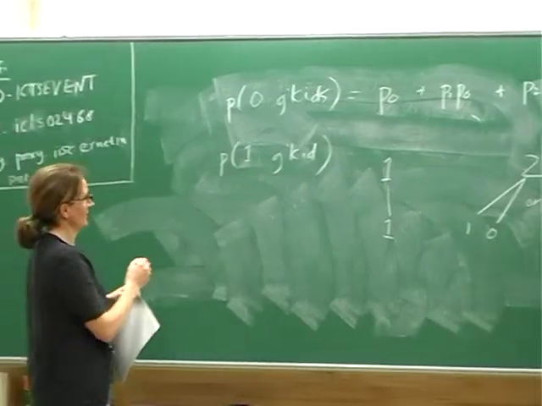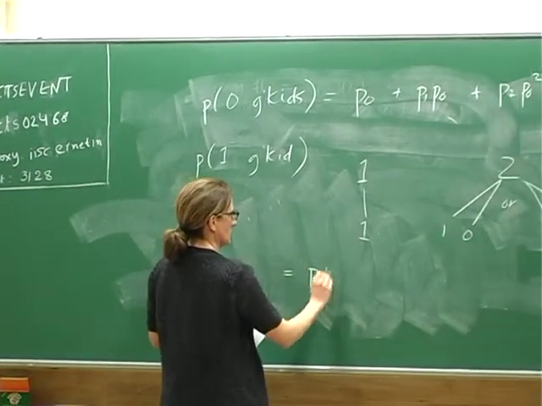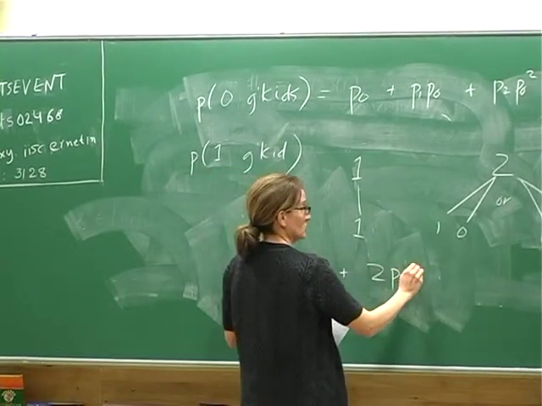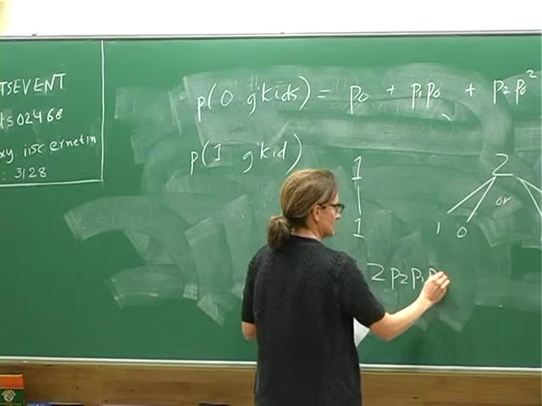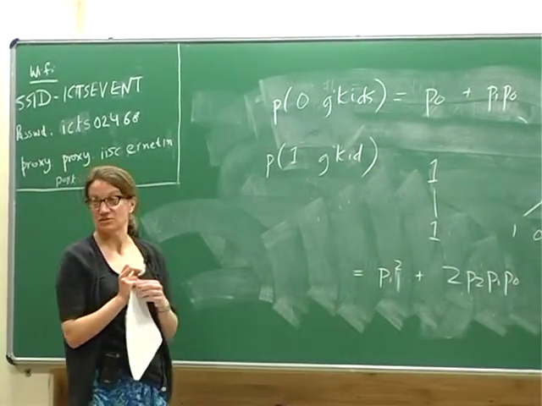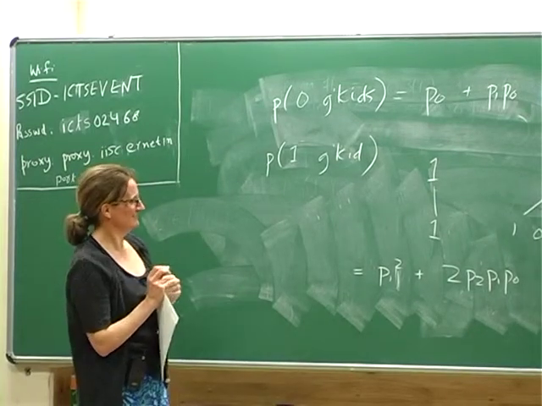Yeah? I see lots of nodding, so I think you're good with this. So we need P1 squared plus 2P2, P1, P0. Yeah, which is 0.15? Yeah, okay, good, thank you.